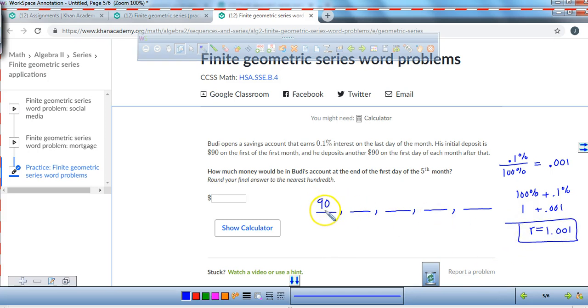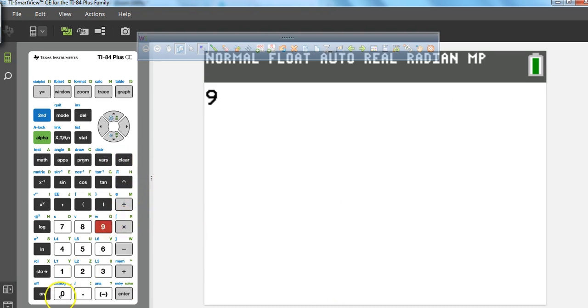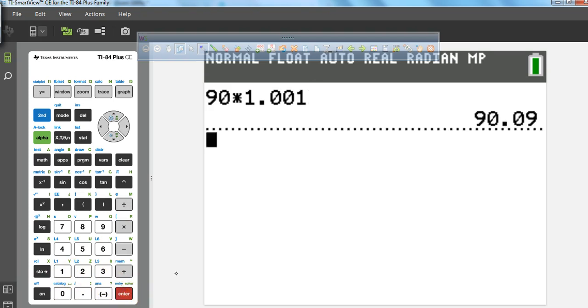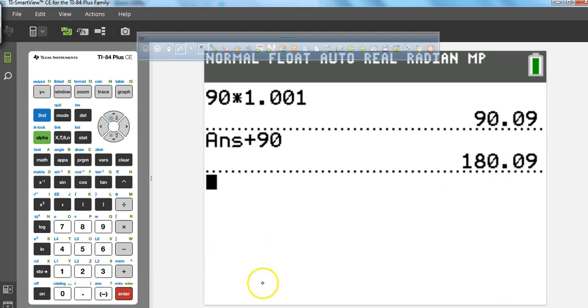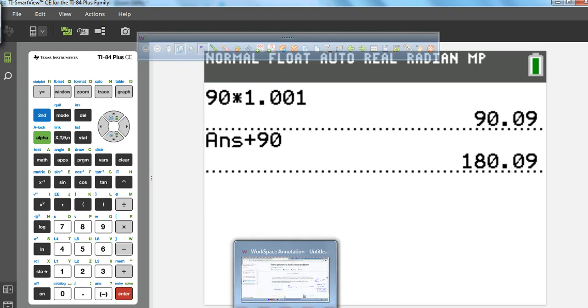We're going to take that 90, clear this out, multiply it by 1.001, and we're at 90.09, and then we add 90 to it, because that's the next part. We get 180.09. Let me write that down.